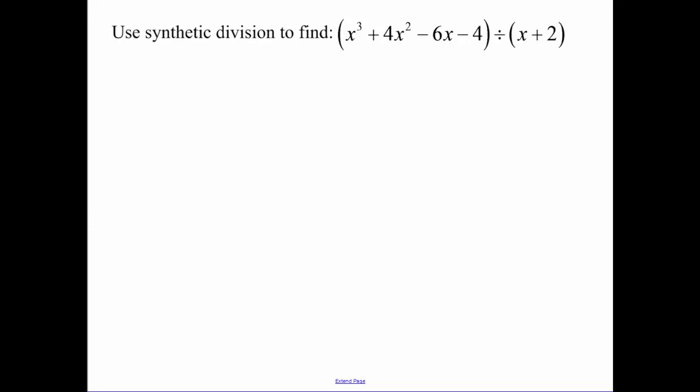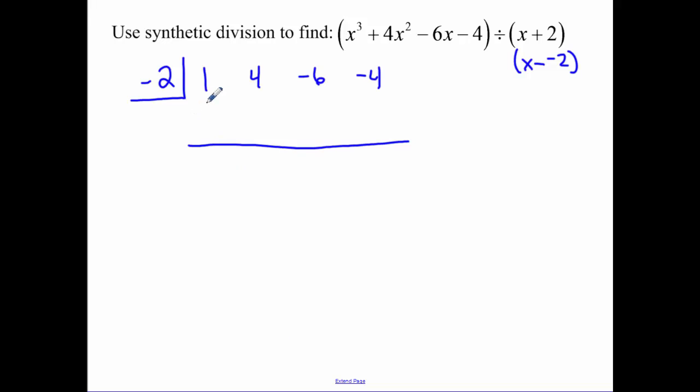Okay, our next example, using synthetic to divide this. Okay, make sure this term that you're dividing, you change it to x minus a negative 2. So in my box, you put a negative 2. And then you put the coefficients of this polynomial. 1, 4, negative 6, negative 4.